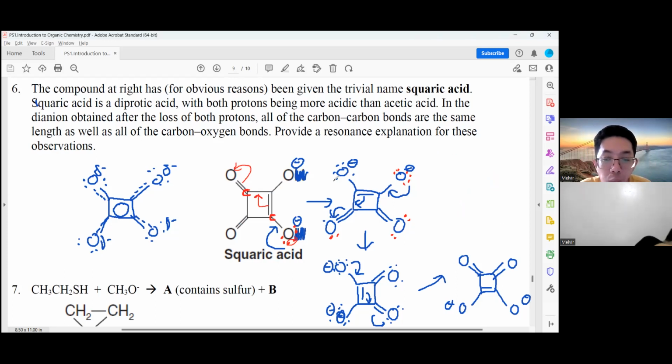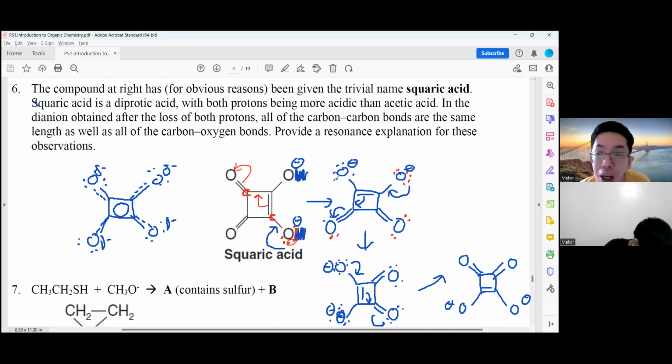This length is a little shorter, but these are in resonance. So they delocalize, they all equal out because they're constantly changing. Very good. The delocalization of electrons makes their bonds equal in length.